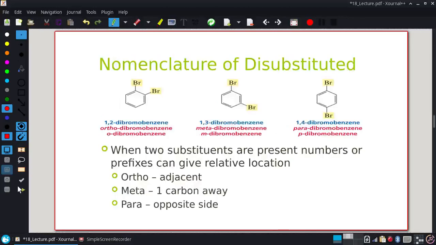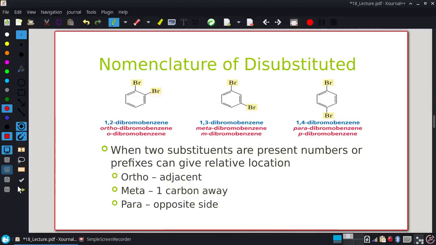Alright, nomenclature on disubstituted benzenes is actually going to follow the same type of rules we saw with cyclohexane. Now, there is one exception. When we have two of the exact same things, so these are all bromos, we also see letter abbreviations that say the same thing: ortho, meta, and para.